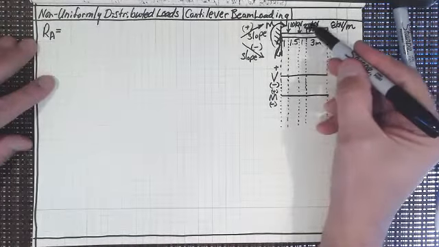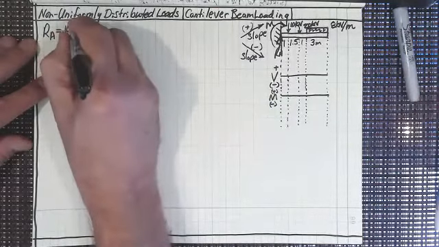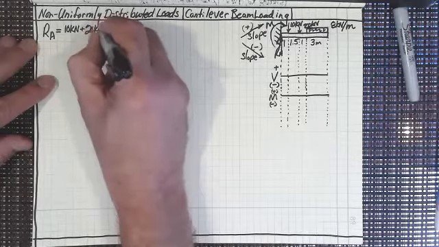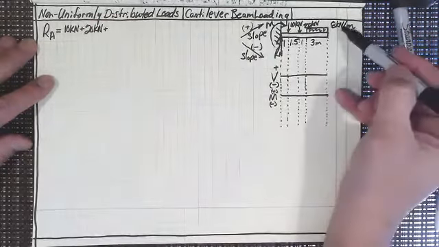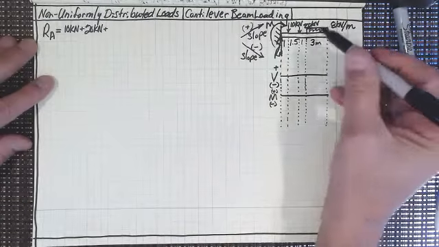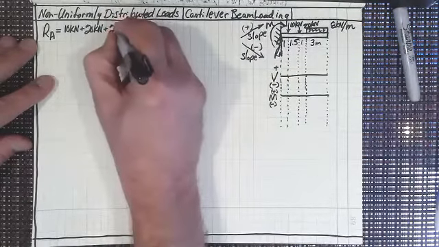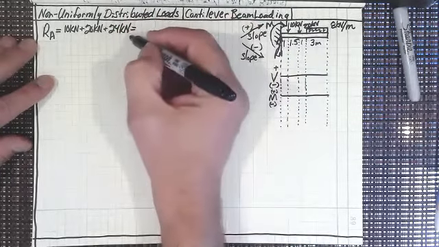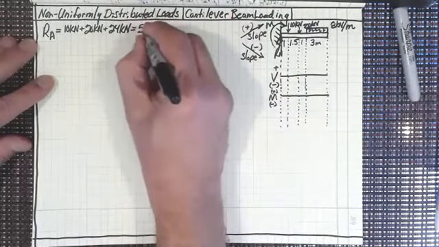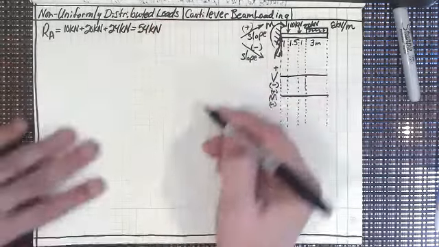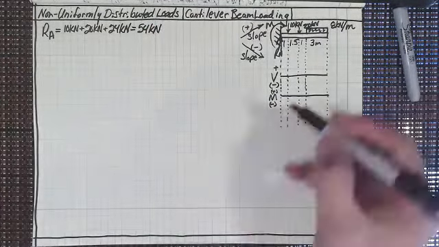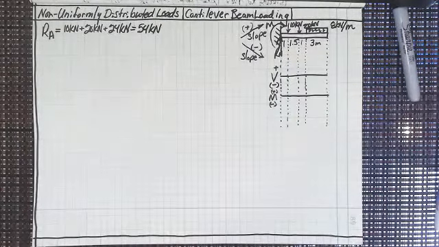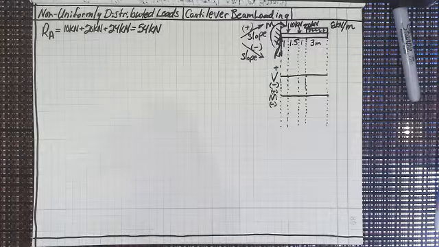So I've got 10 kilonewtons plus 20 kilonewtons plus, we've got 8 kilonewtons for 3 meters, so that's going to be 24 kilonewtons. So 54 kilonewtons. So we know that R sub A is going to be 54 kilonewtons. Let's draw that. In fact, I'm going to draw it with the blue pen.